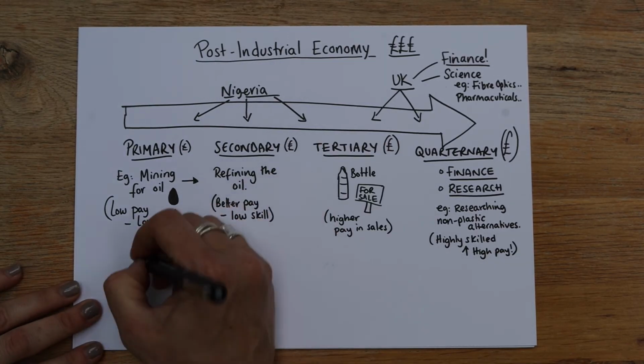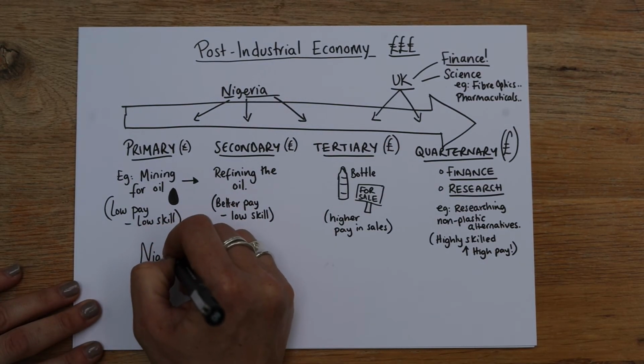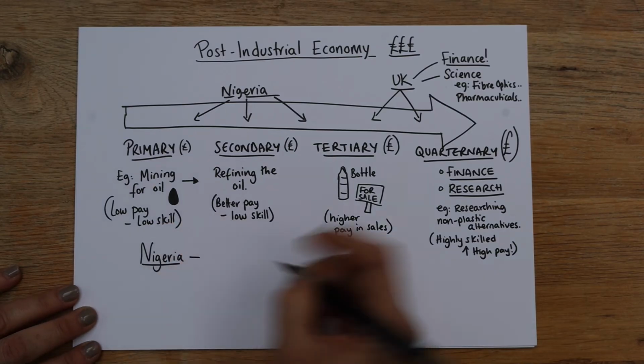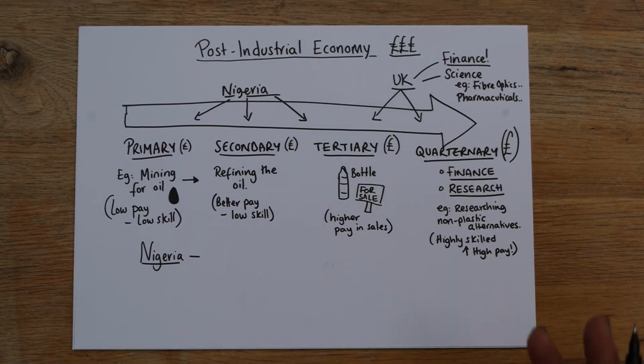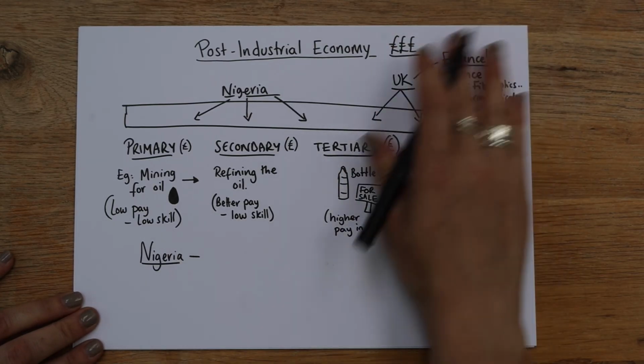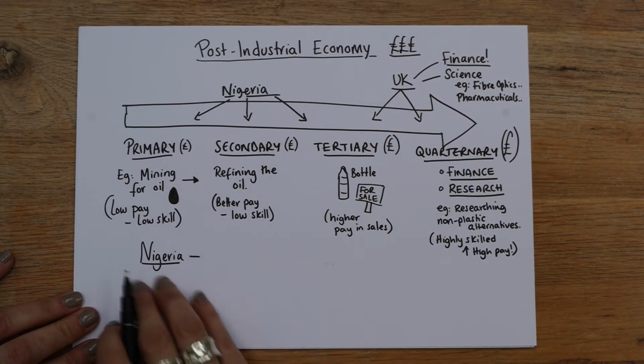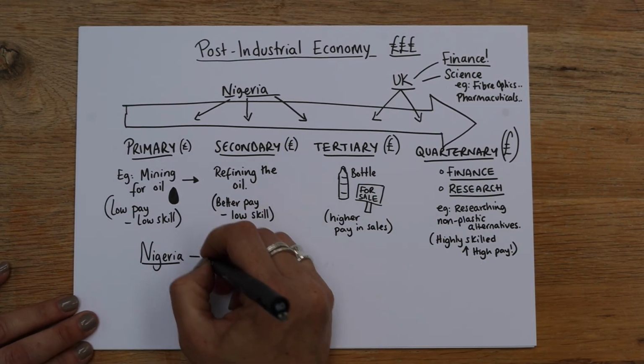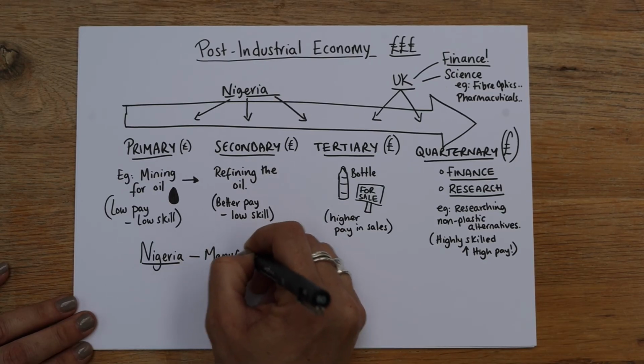So let's write it down here because I've run out of room. So Nigeria does things instead of finance. Not that they don't have finance, they do, but it's just not the biggest part of their economy. That's growing. They really want to grow that section. But at the moment, it's things like the manufacturing industries.